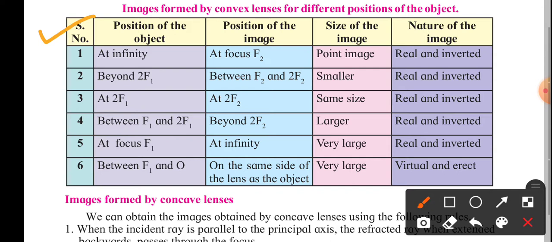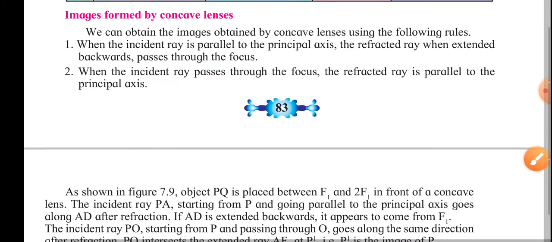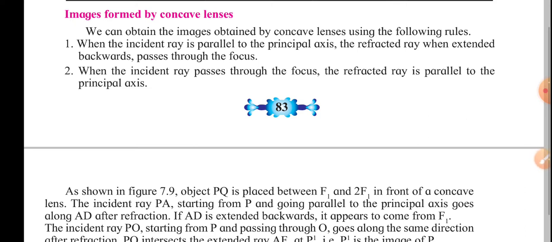Further, what we are going to see today is images formed by concave lenses, because till now we had studied the image formation by the convex lens. The concave lens is also called the diverging lens, and why it is called the diverging lens, we already discussed in the previous video.